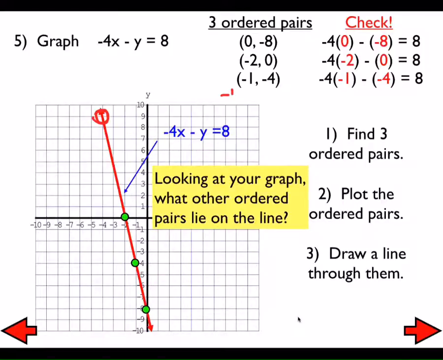Negative 4 times, oops, let me write it over there. Negative 4 times negative 4 minus 9. Is that 8? 16 minus 9? Nope, that does not work. So that one doesn't work. It looks like it does on the graph, but it's a little bit off.